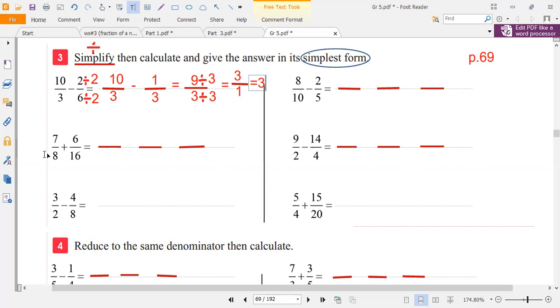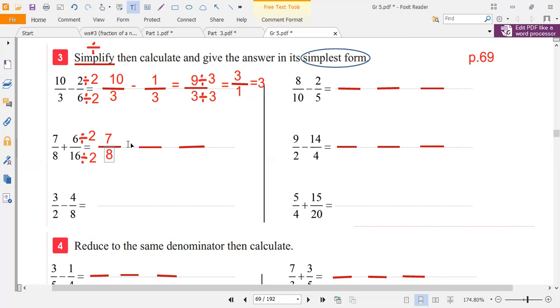Now we have 7/8 plus 6/16. We can divide the second fraction by 2. The first fraction does not change. 7/8.